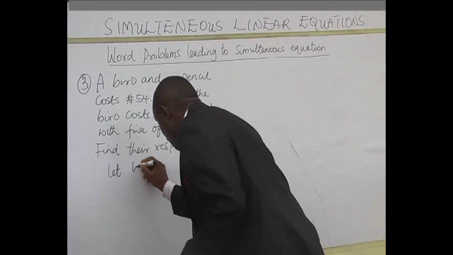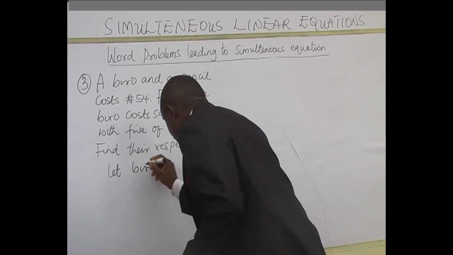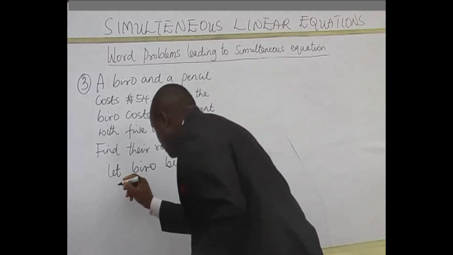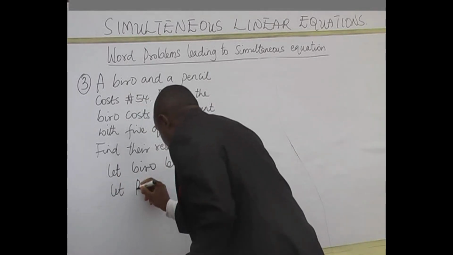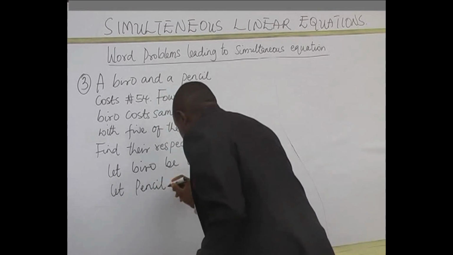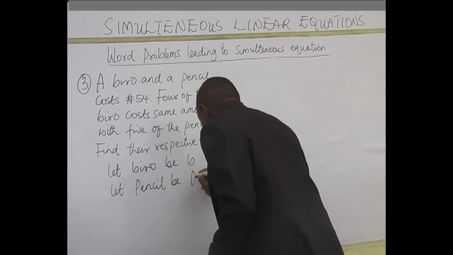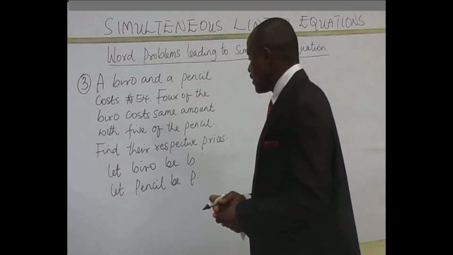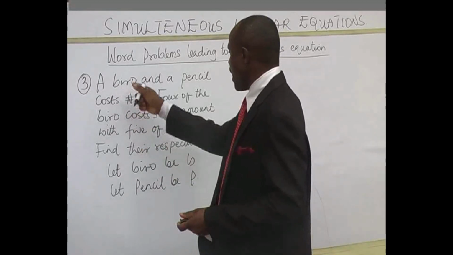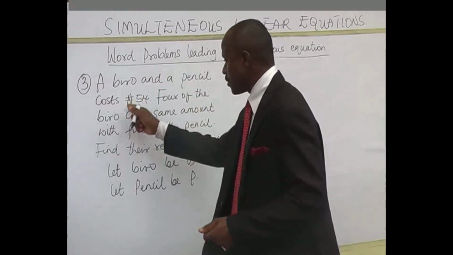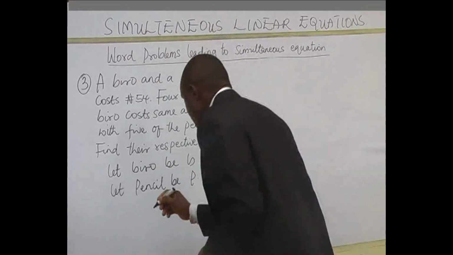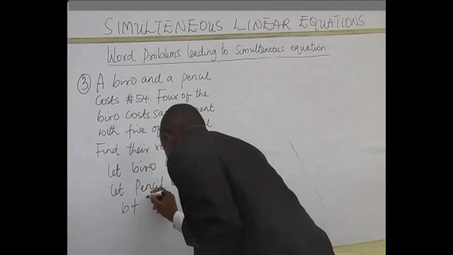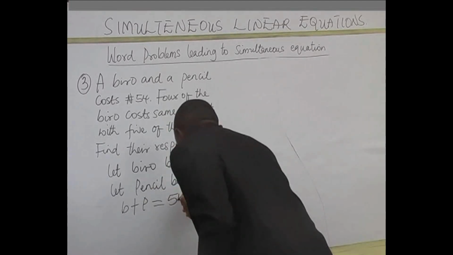Let biro be represented by B, and let pencil be represented by P. Now, first sentence says that a biro and a pencil cost 54 naira. That means B plus P is equal to 54.